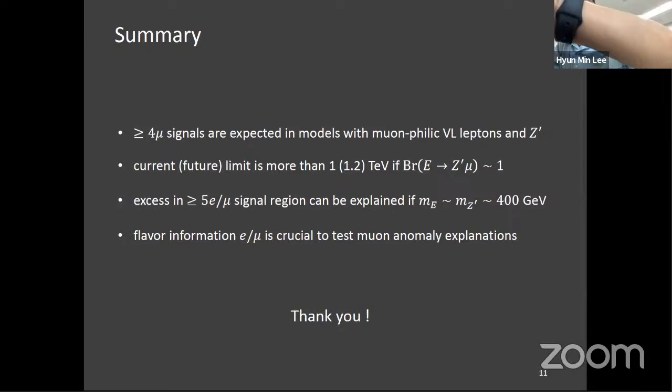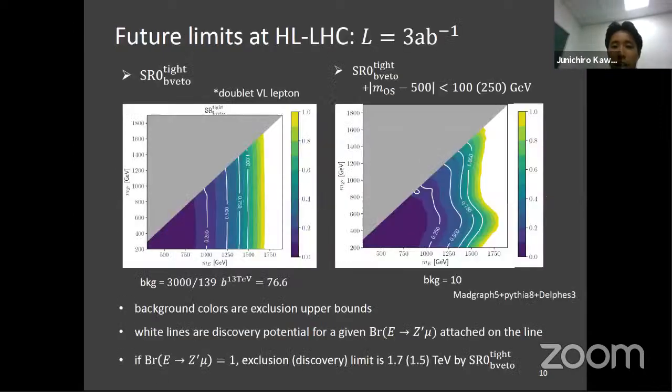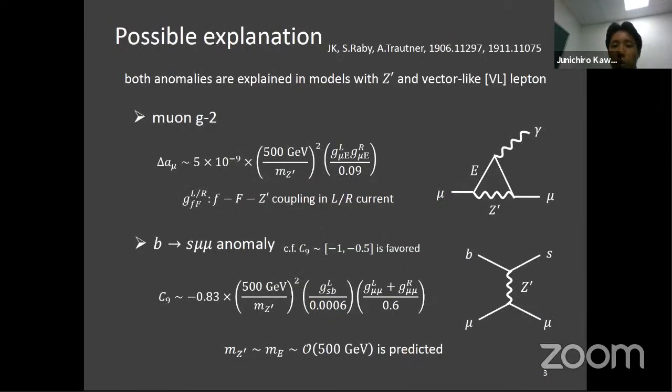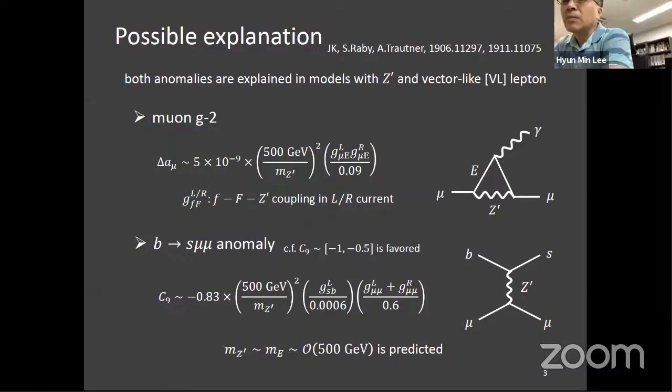Actually, in our paper, we also turned on all the couplings. We also discussed some flavor violation patterns, such as mu to e gamma, tau to e gamma, and tau to mu gamma.